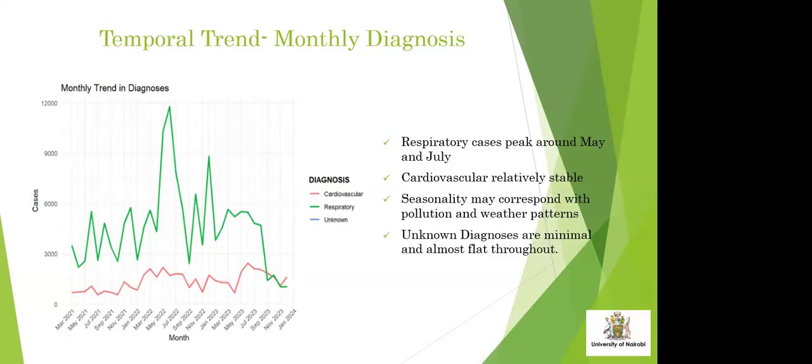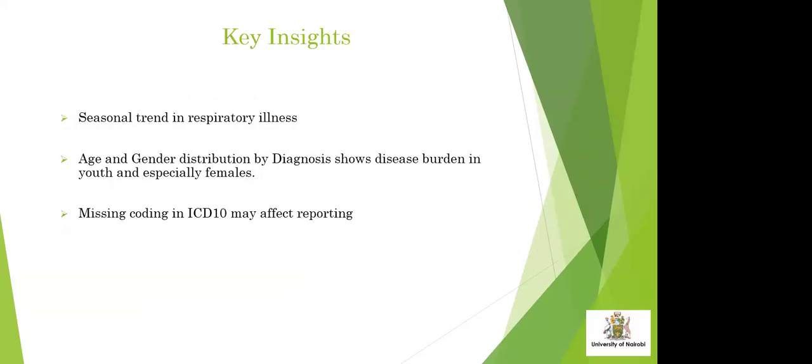Now, from the analysis that I did, the key insights we picked were seasonal trends in respiratory illnesses, likely weather or pollution related. Age and gender distribution showed burden among youth, especially females.